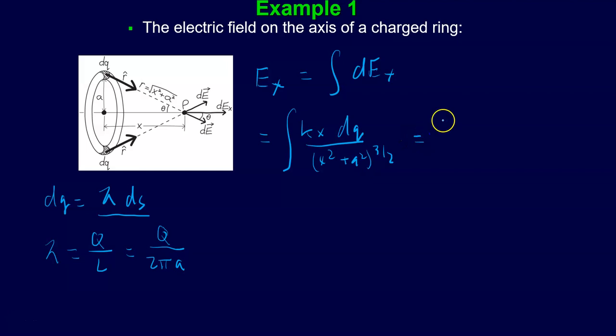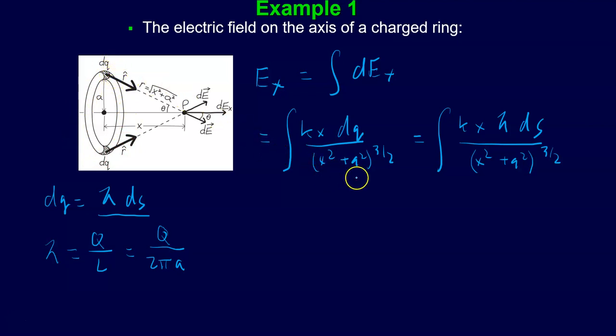And so this gives us something to actually integrate over. I can plug that in over here, and now we're basically ready to start actually doing this. And this is a nice example. What this means is I'm going to be integrating, starting at some point and going around the circle, adding up the contribution of every little tiny piece of charge.